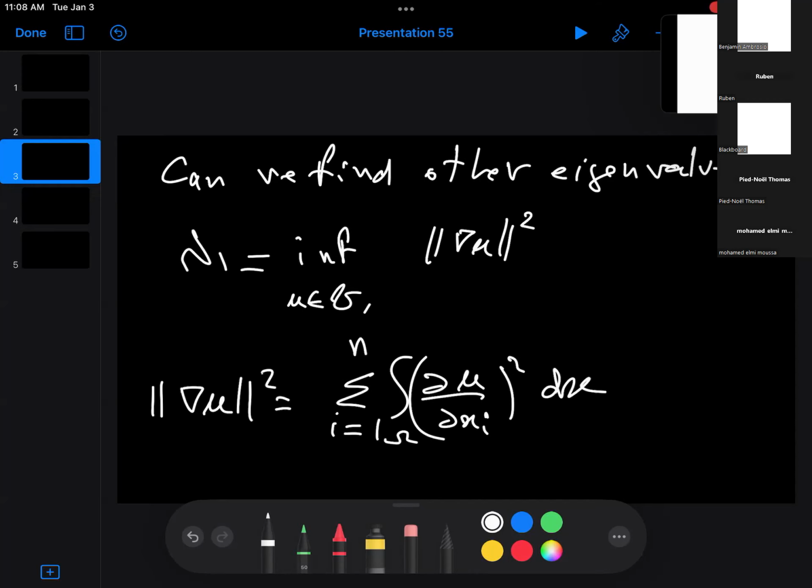So I impose also that the integral of u is 0. So it's orthogonal when I choose my scalar product to be the scalar product on L2, right? Everything is important here, but let's focus on this thing.